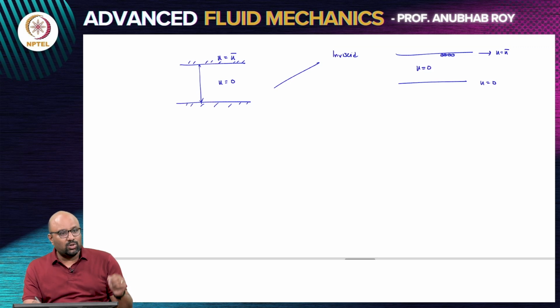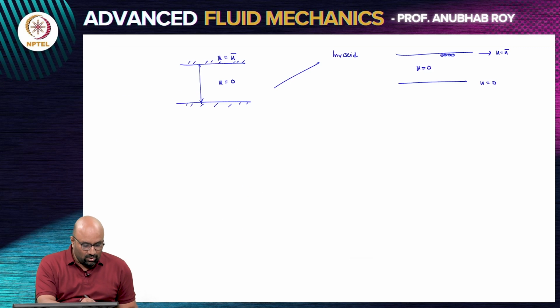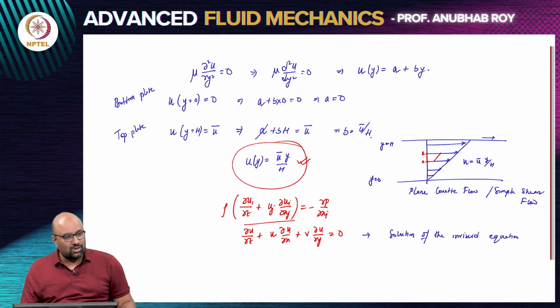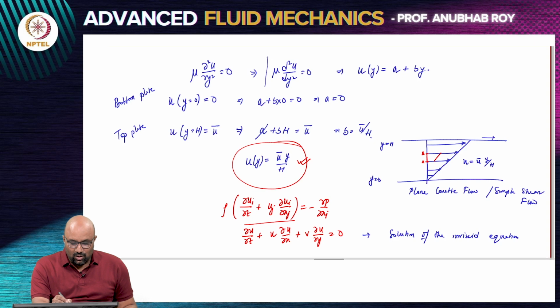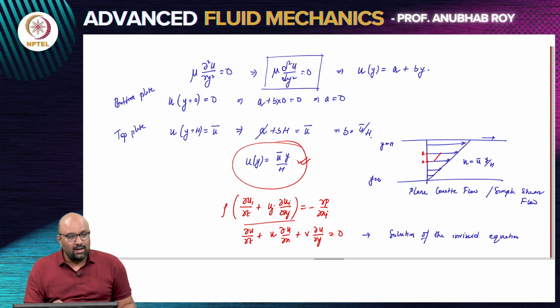So even though the Couette flow solution satisfies Euler's equation, you will not get the Couette flow without including viscous effects. That is the important part. When you saw the solution of the Couette flow equation, it came by equating your viscous force to 0.